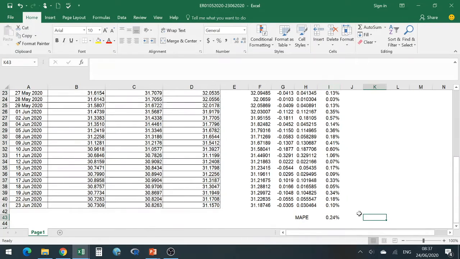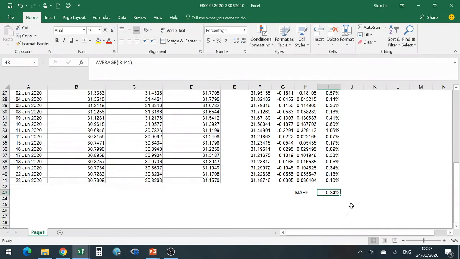This time we have a MAPE of 0.24%, which is very good because you want zero error, which is the best, and it's not even 1%. Maybe the exchange rate doesn't change much every day, so the error is really small, but it's very good.